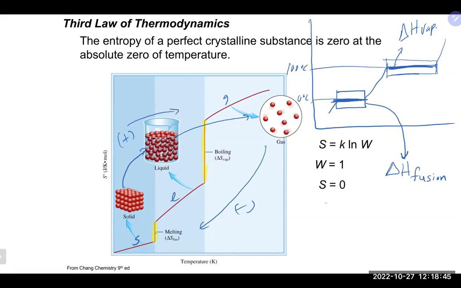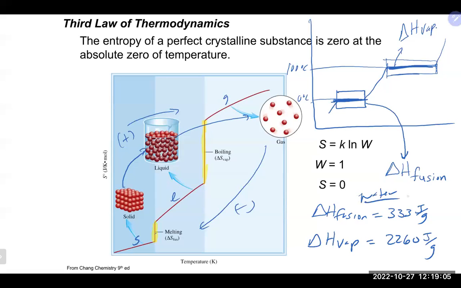Delta H of fusion for water is about 333 joules per gram, and delta H of vaporization for water is about 2260 joules per gram, give or take a joule here or there. And these are obviously for water specifically.